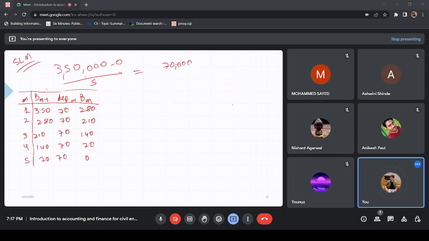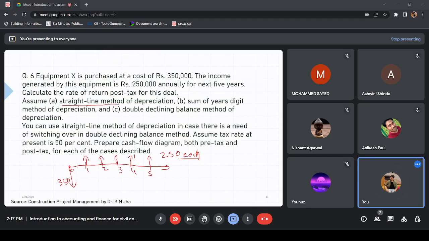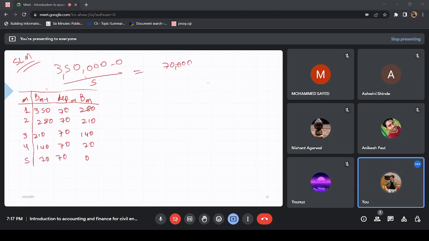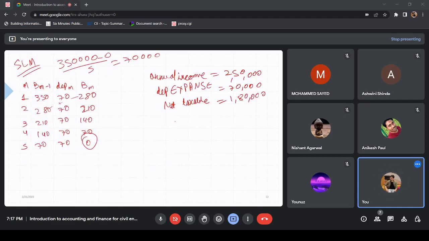And our tax rate is 50%. So tax at 50% is equal to 90,000.